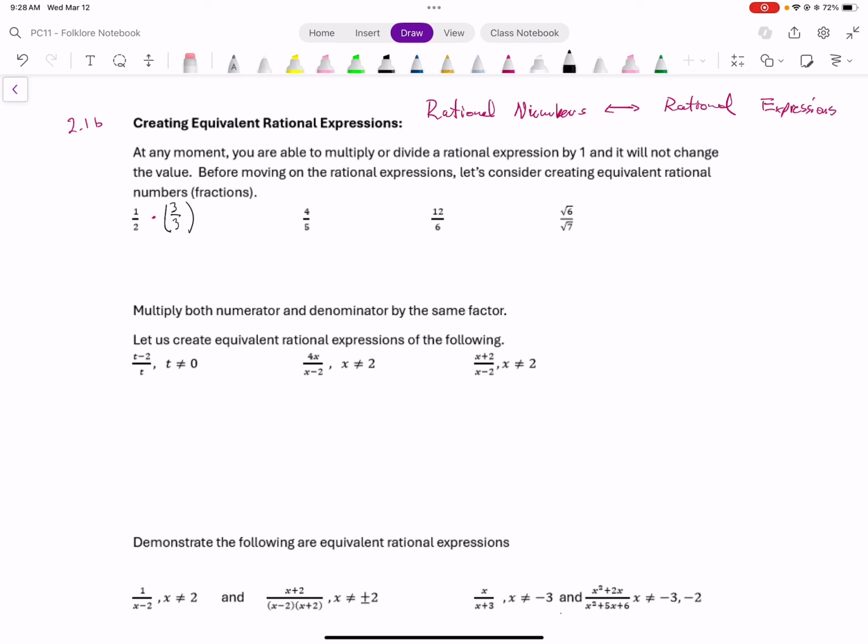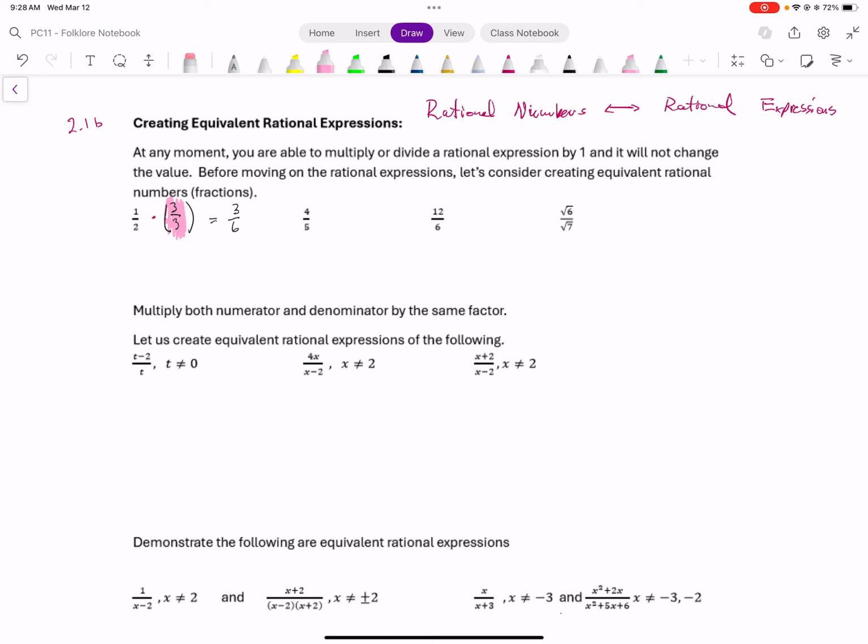I'm just going to multiply the numerator and the denominator by 3, and this would create 3/6. Numerator times numerator, denominator times denominator. That is one equivalent rational number to 1/2: 3/6.